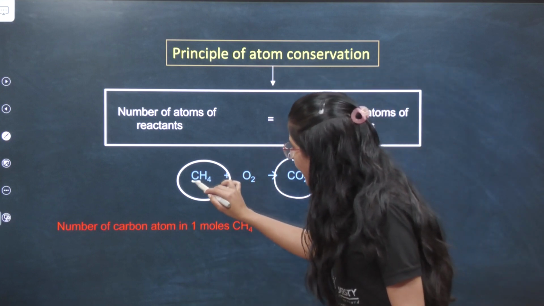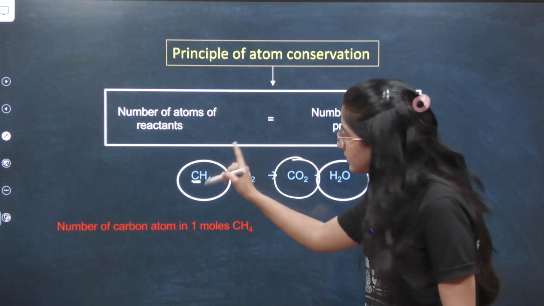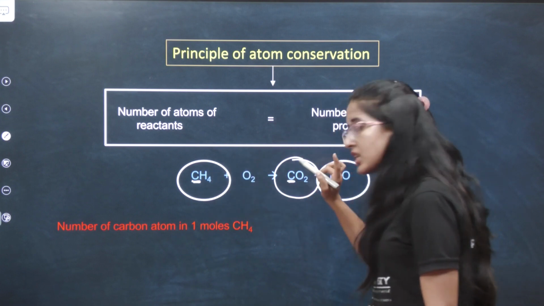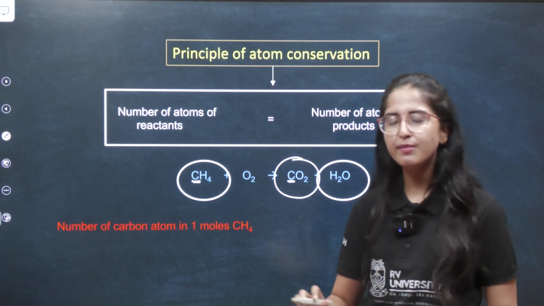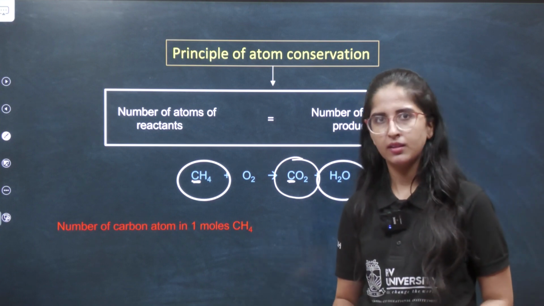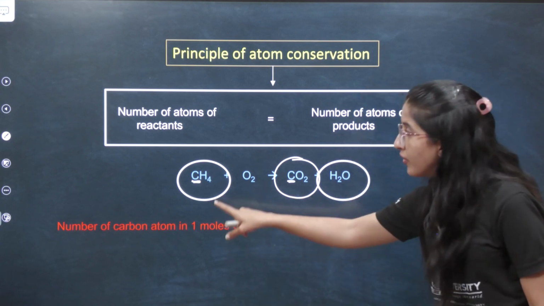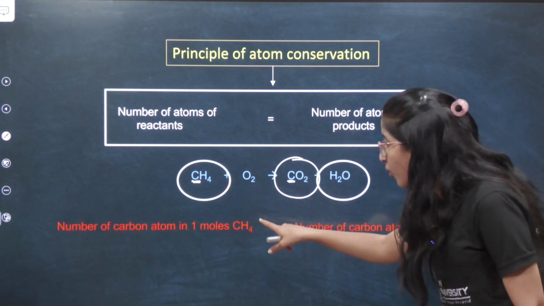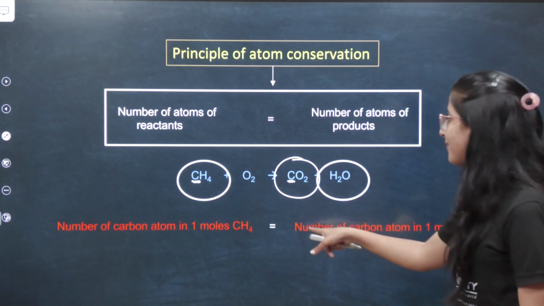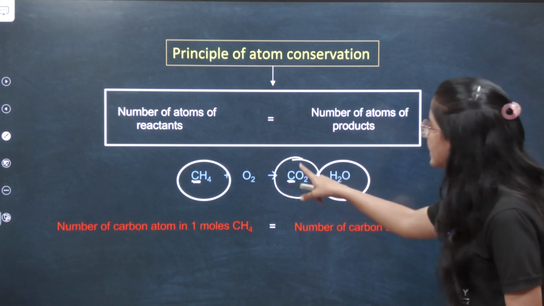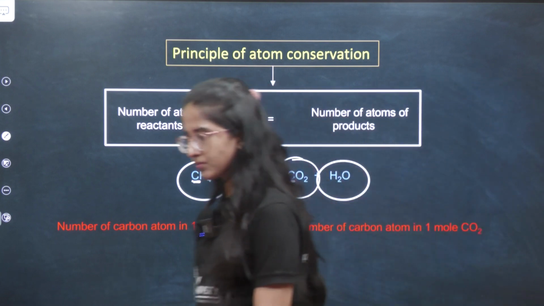How many carbon atoms are present in CH4? The same must be present in CO2 also, because carbon atoms cannot be destroyed or created. So the number of carbon atoms in 1 mole of CH4 must be equal to the number of carbon atoms in 1 mole of CO2.